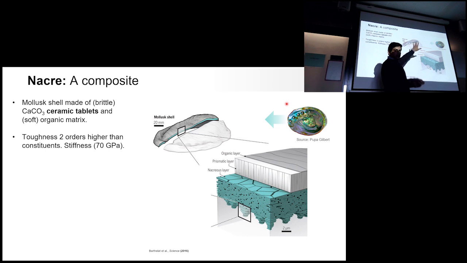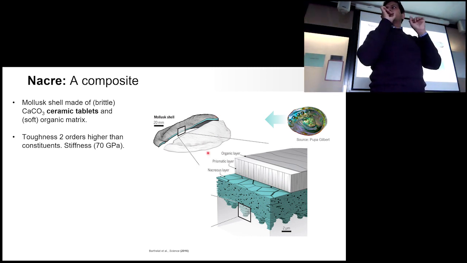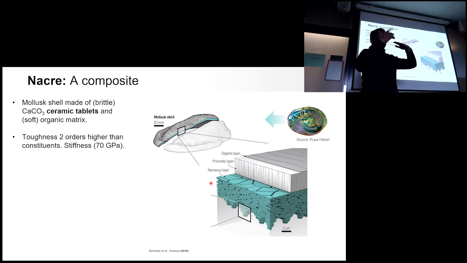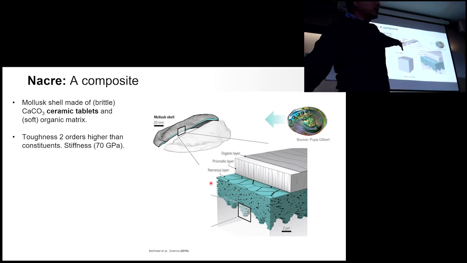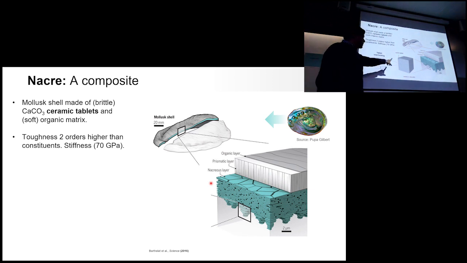Basically, if you make a cross section and you see this section of the shell, it is composed of these calcium carbonate tablets. And these tablets are sort of like films. They're about 200, 250 nanometers, super thin tablets sitting in a matrix of organic chitin, right? And this arrangement is called a brick and mortar structure because they resemble bricks on a cement wall.